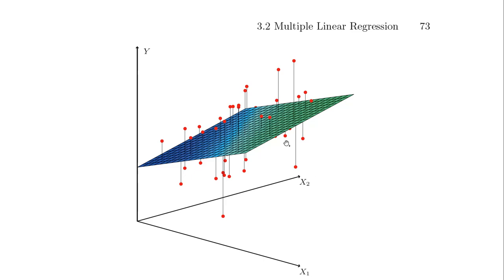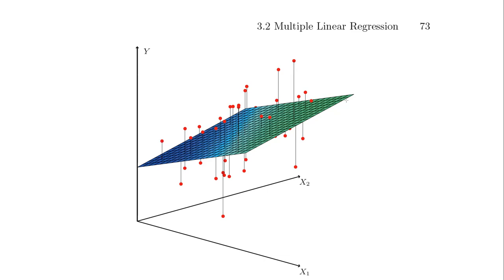What are these distances? Each of the length of each black arrow that I'm emphasizing over here is the difference between actual and predicted.